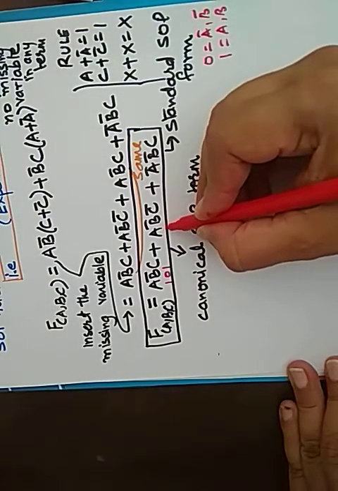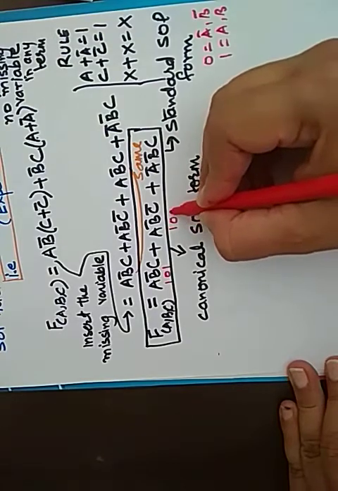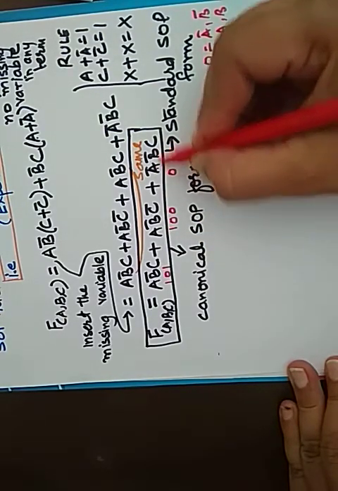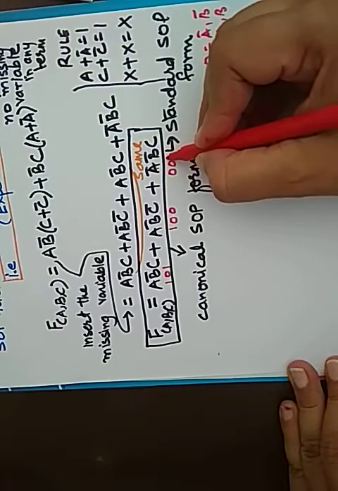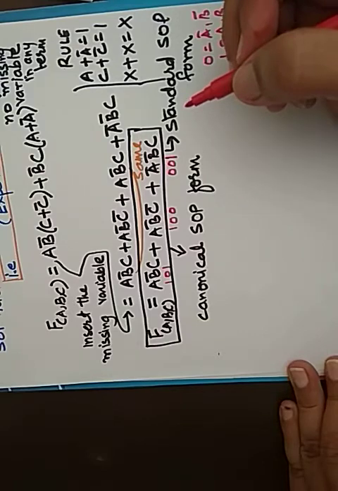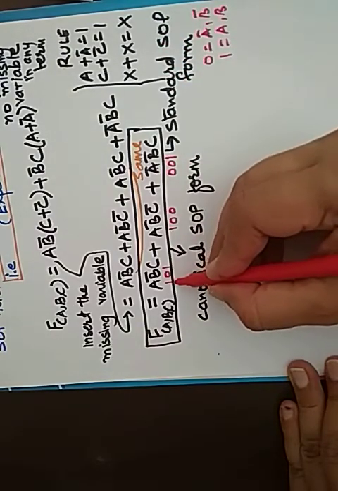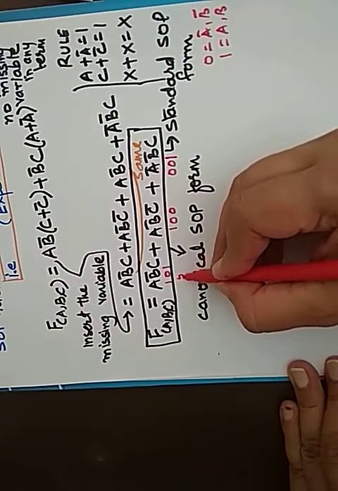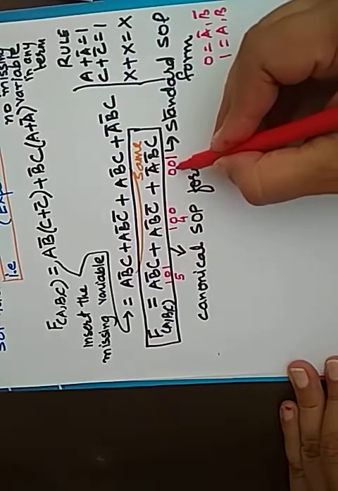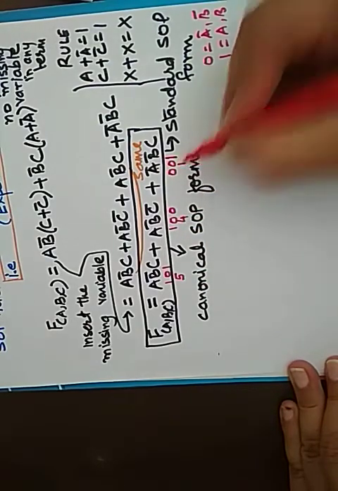So this is 1 0 0. This is a bar b bar c, so this is 0 0, c is not barred, so this is 1. Now you see the values of this. 1 0 1 is 5, 1 0 0 is 4, 0 0 1 is 1.